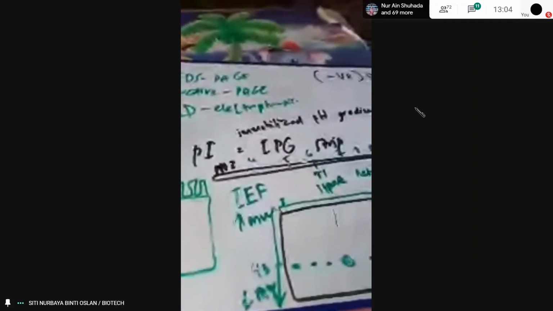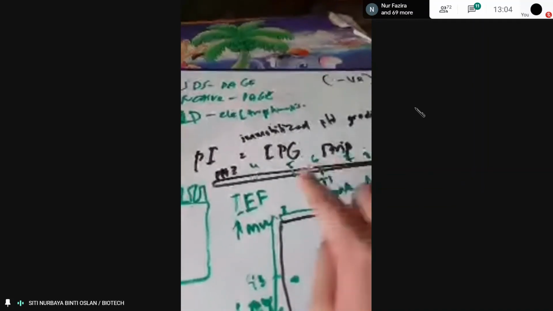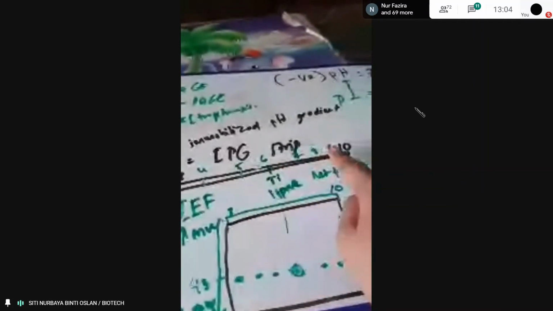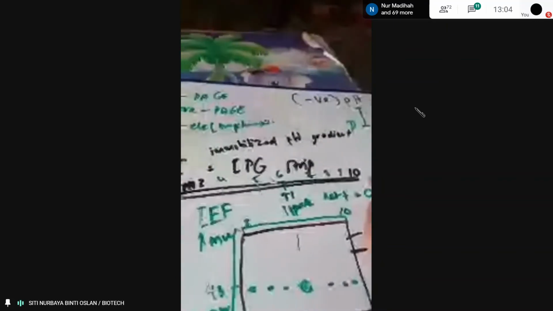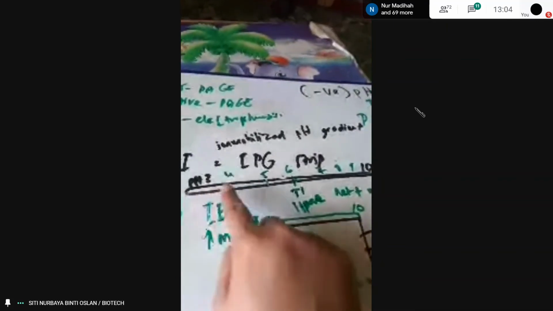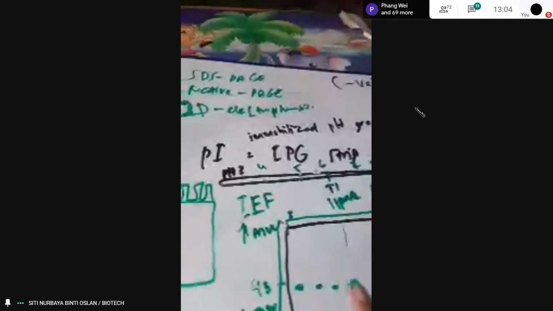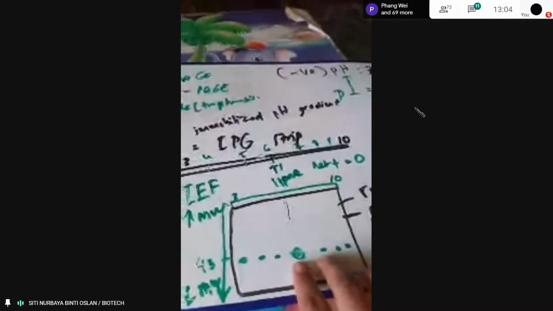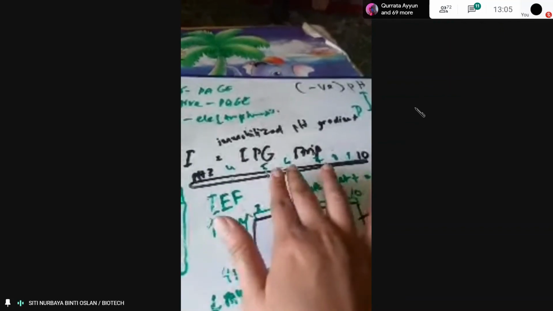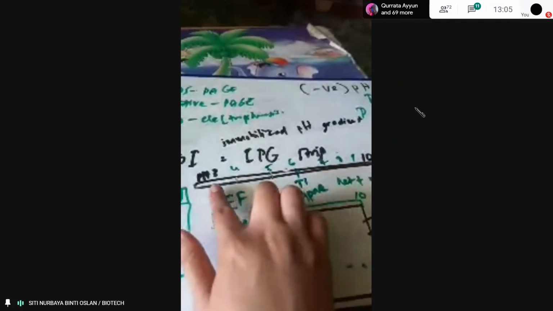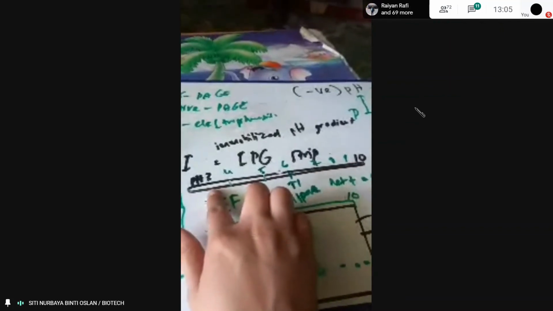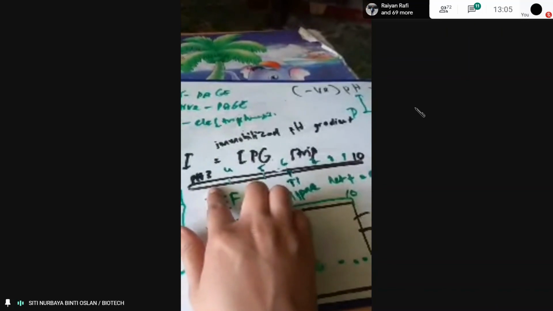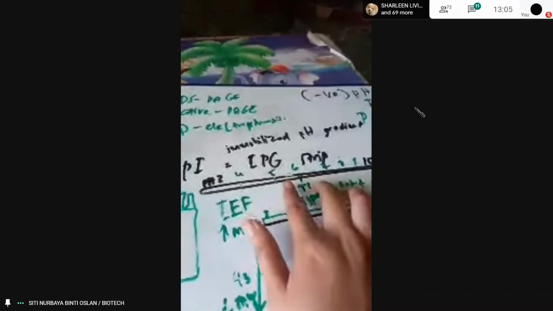Okay, and this IPG strip is not meant only for pH 3 to pH 10. This is a broad range. You can also make it a narrow range. Maybe if these two peaks are still close to each other, you want to make it a narrow range. Maybe you want to use pH 5 to pH 7.